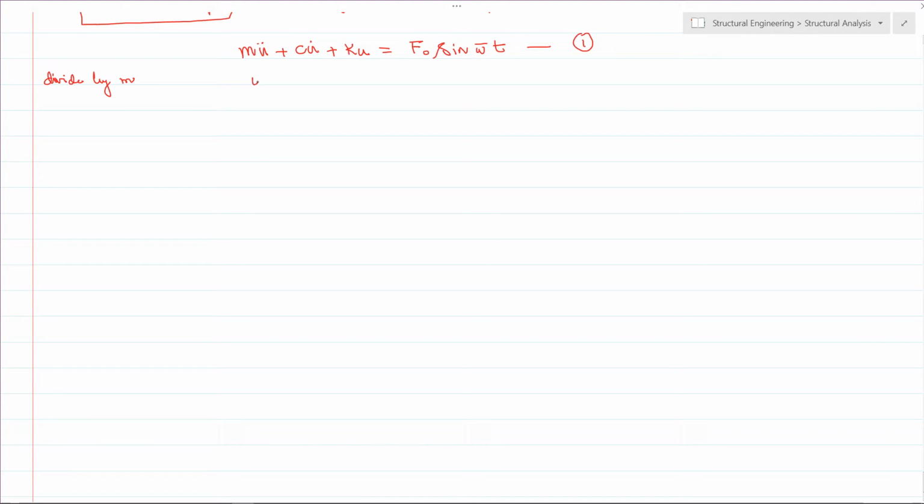So it will be u double dot plus c over m into u dot plus k over m u, that will be equals to f naught over m into sine of omega bar t.